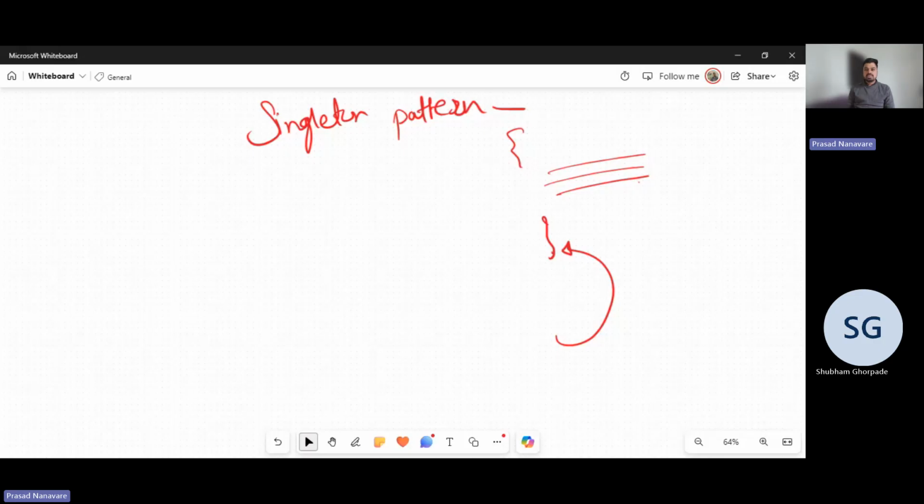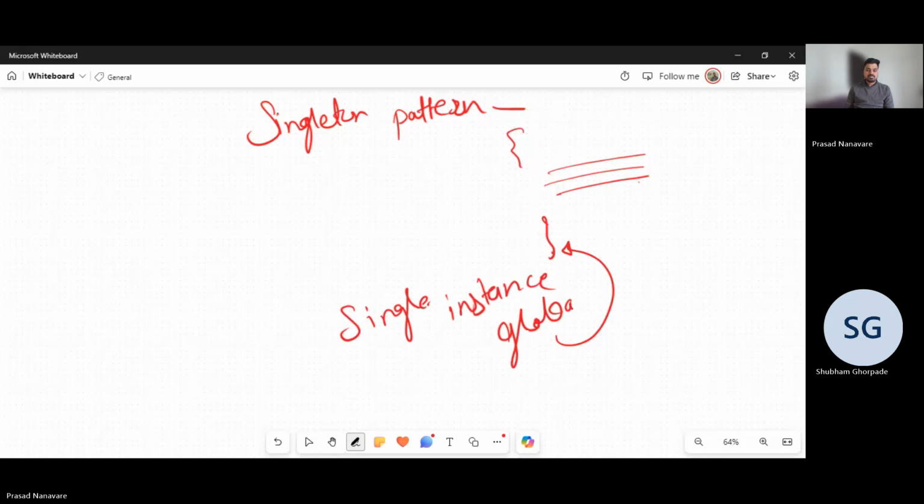There is some resource, and that resource should be called only using a single instance globally. This is what the singleton pattern means basically.